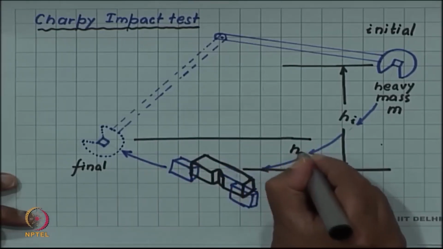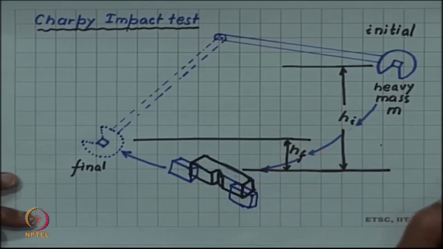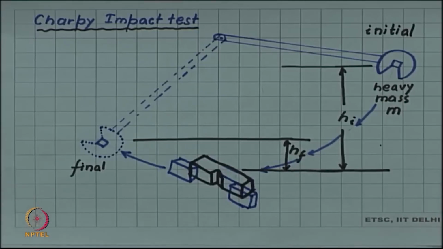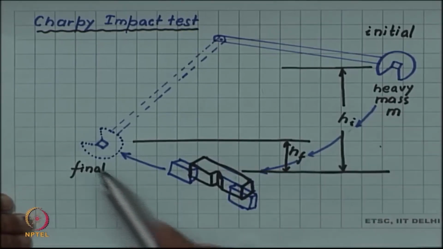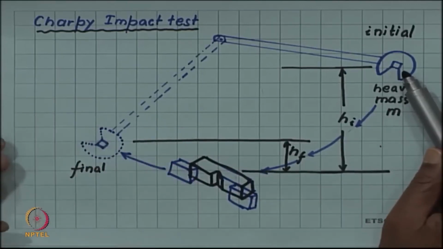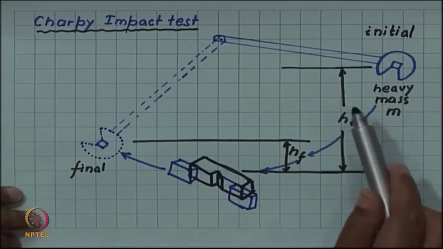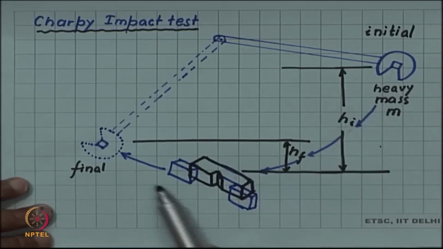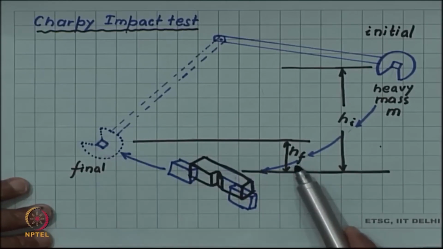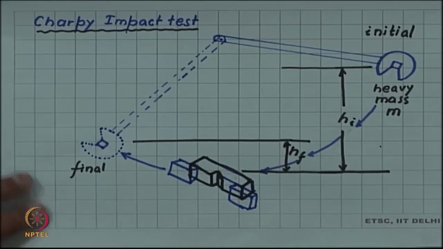It will rise up to a final height hf. Now, if the sample was not present, then the pendulum will swing to the same height on the other side as it was released by the energy conservation. So, this means that now, since it is rising up to a much lower height hf, there is a difference in the initial potential energy and the final potential energy.